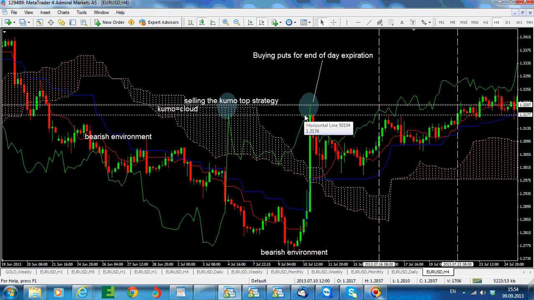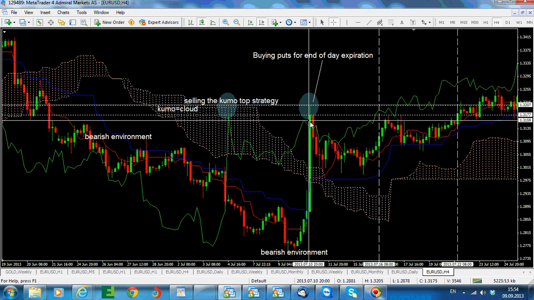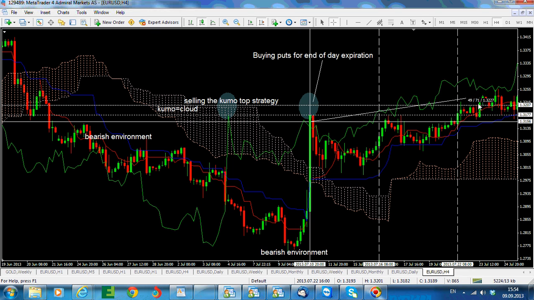Basically, if you take a look at the time taken from here until we actually had one close above here, it was 54 candles. 54 candles times 4 hours is more than 200 hours, so more than 10 trading days, meaning 2 weeks.